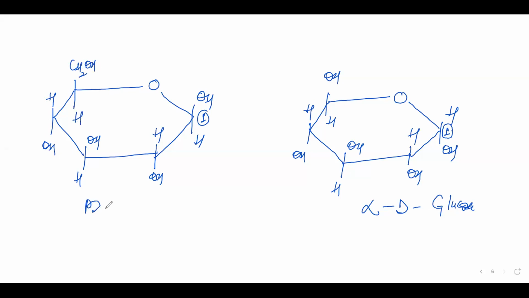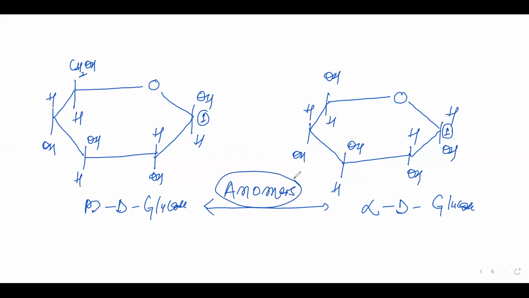Now this is beta D glucose. Alpha glucose and beta D glucose, they are the anomers of each other.